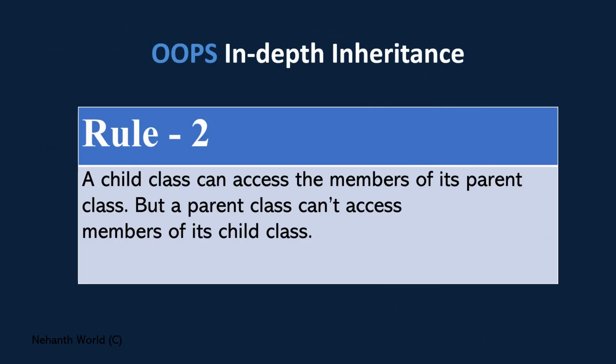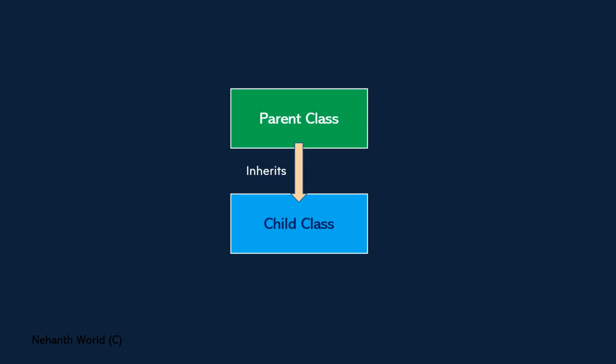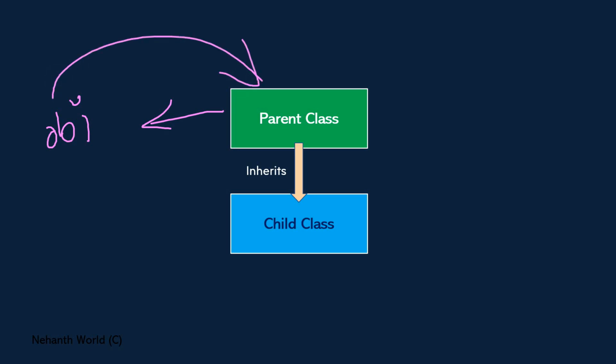Rule number 2 says a child class can access the members of its parent class, but a parent class cannot access members of its child class. Let me explain. There is a parent class. If you create an object for this parent class and try to access the parent class members using that object, you can access them. If you want to access the child class members using that particular object, we cannot.